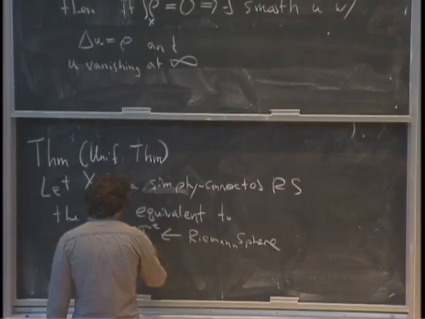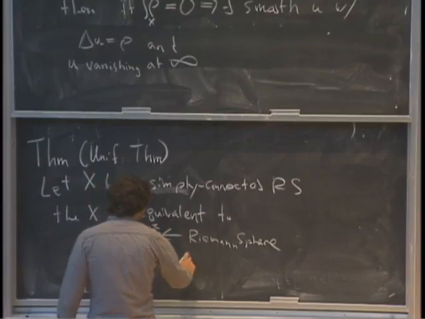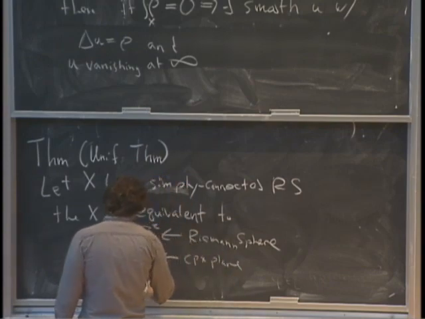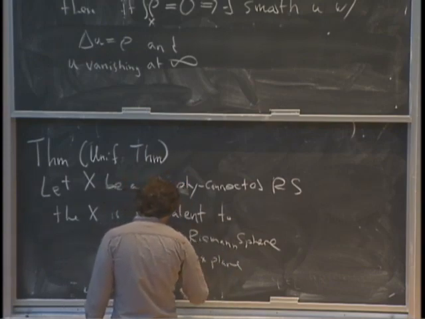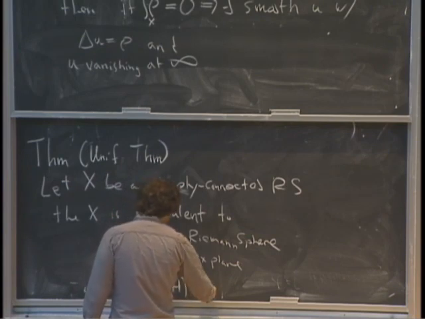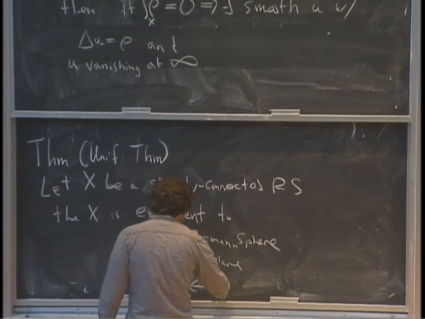If it's non-compact, it's C, the complex plane, and it's D, or equivalently H, depending on your taste. So this is the unit disk.